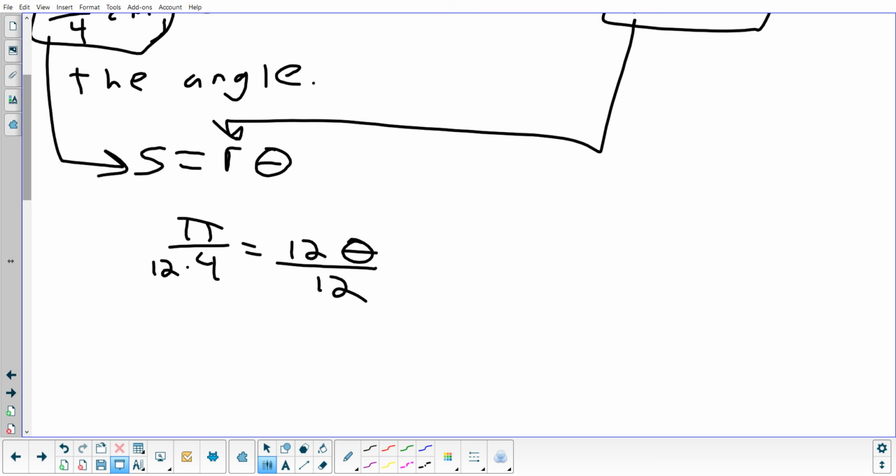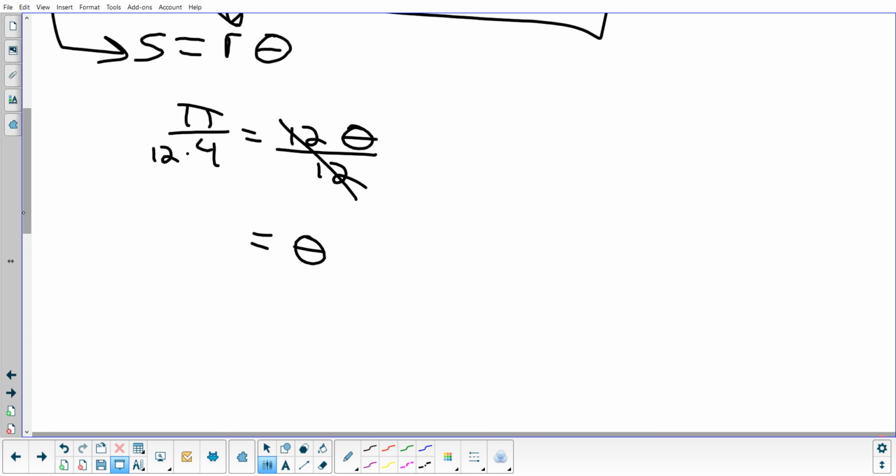Dividing something by 12 makes the denominator 12 times as big. And that's what I did right here. So that's gone. And for an angle, Natalie, what's going to be my final answer? Yeah, pi over 48.